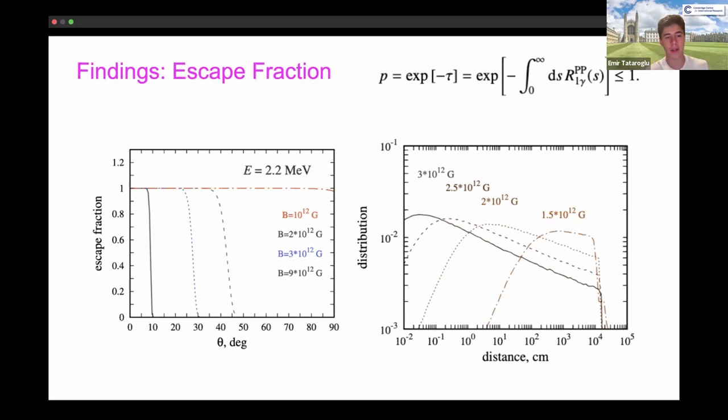For small initial angles, the photon gets absorbed instantly. Every single photon that's emitted is absorbed. Then when you shift the angle by 10, 20, 30 degrees, depending on the magnetic field strength, and of course it's all for 2.2 electron volt photons, which we focus on because they're important.